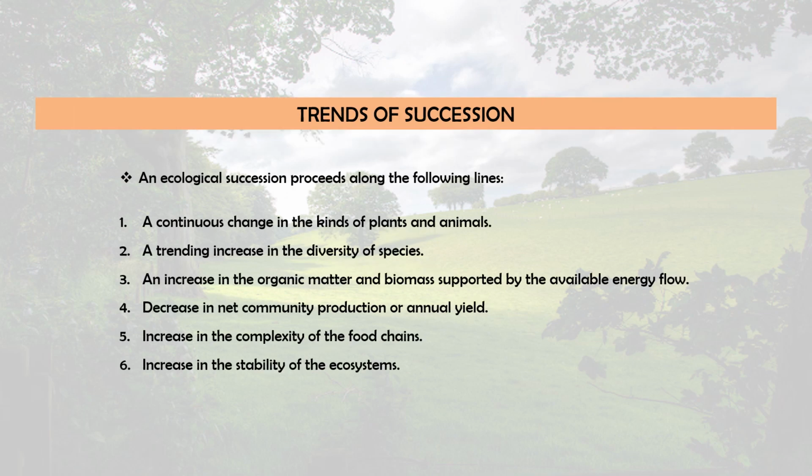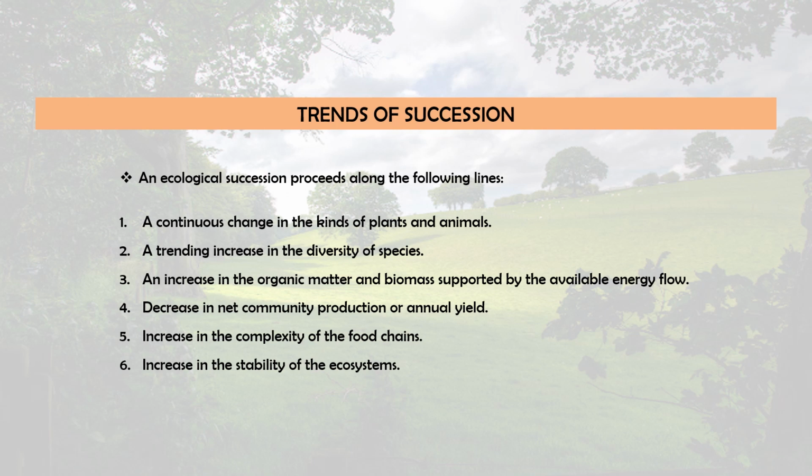Now, next there are some trends of succession. An ecological succession proceeds along the following lines. There is continuous change in the kinds of plants and animals. There is an increase in the diversity of species, and an increase in the organic matter and biomass supported by the available energy flow.